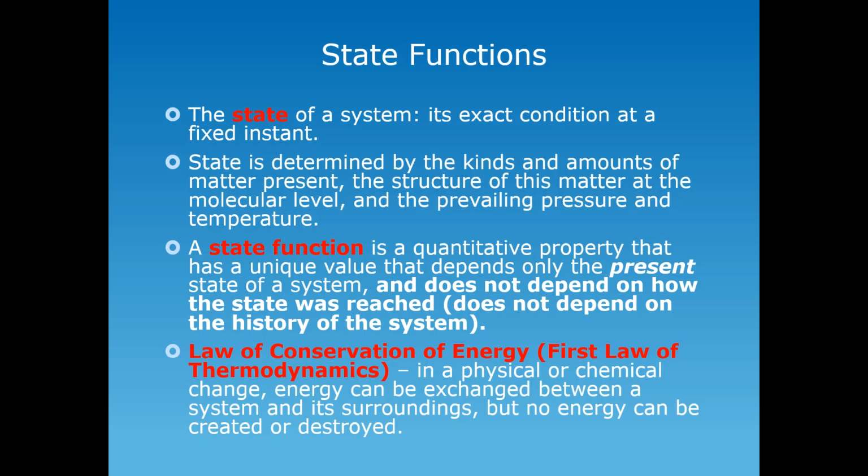Another way of stating it, and I've seen this in some textbooks, is that in physical and chemical changes, the total energy is conserved. That's another way of stating that law.